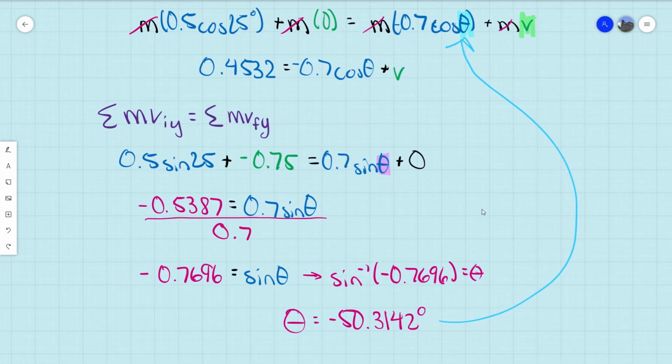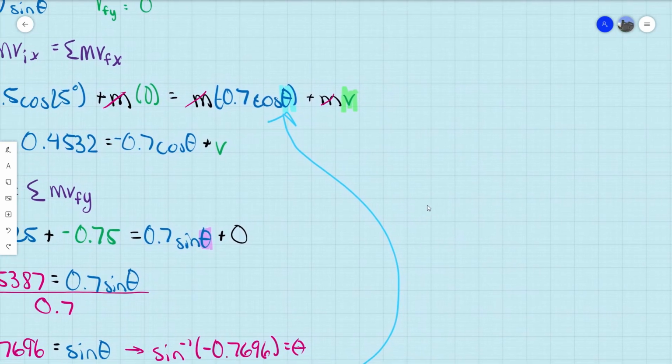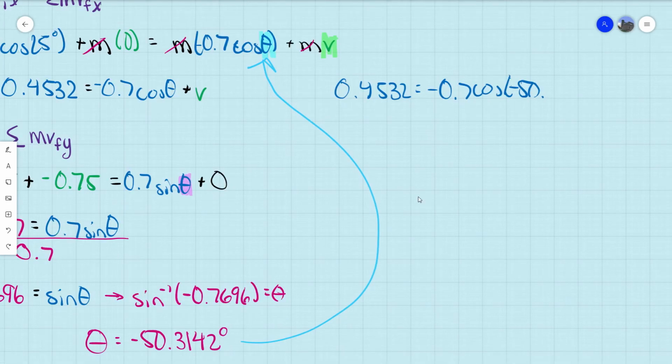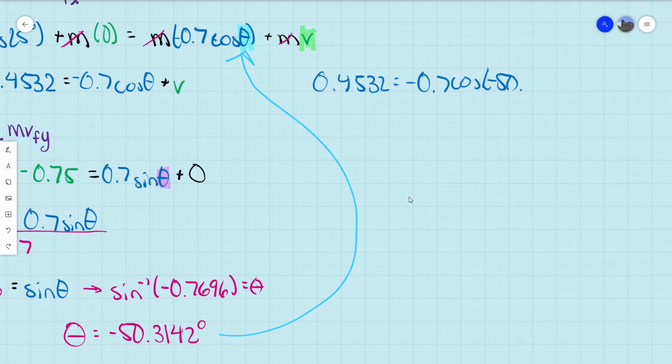So we can plug this in there and solve for v. So if I just slide this way, we get 0.4532 equals negative 0.7 times the cosine of negative 50.33142 degrees plus v.